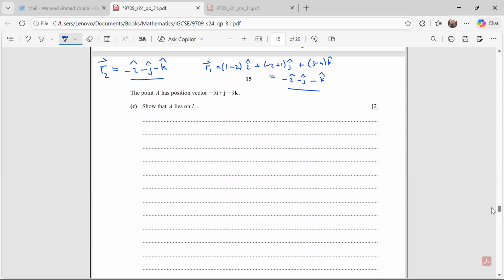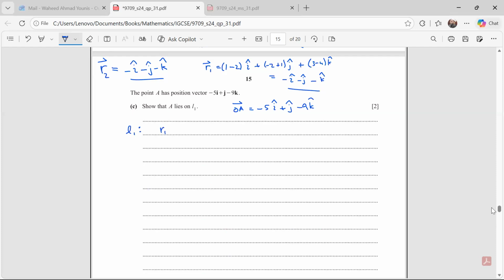So the position vector of A means A is a point, right? The vector OA from the origin is given by minus 5i plus j and minus 9k. And what was my line L1 again?